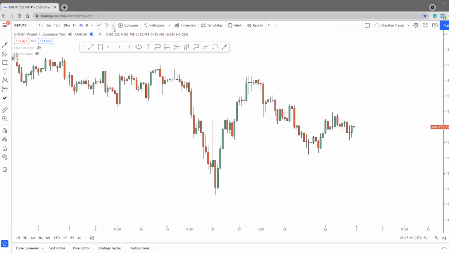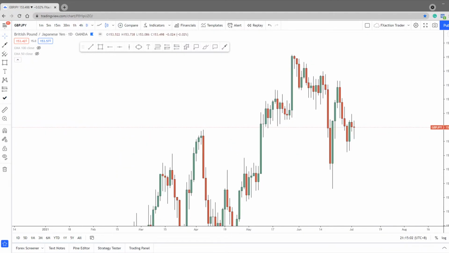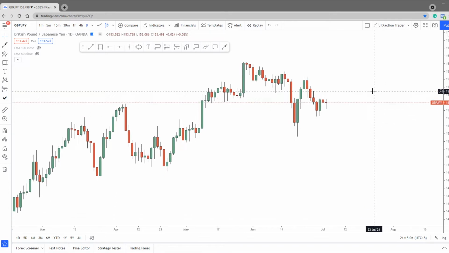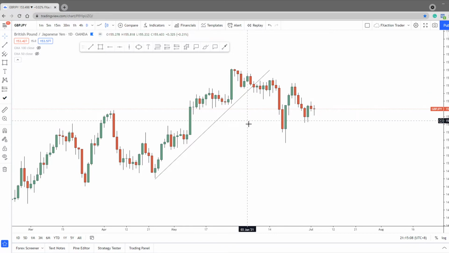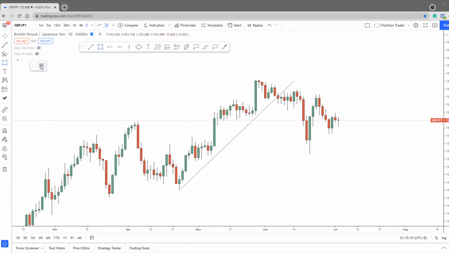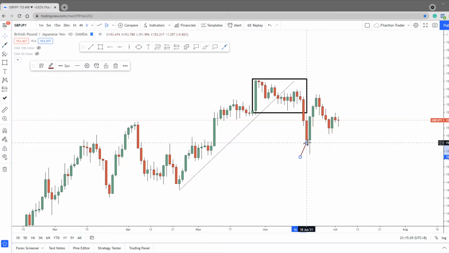About pound yen, let us have a look at the daily chart. On pound yen, firstly the market has broken the trend line, and on the daily chart we can see a very big dominant setup here, consisting of many candles that move within the dominant candle body, and a new low was created.